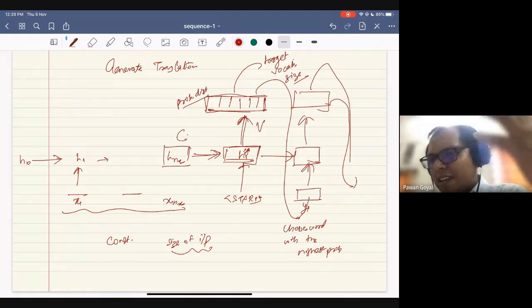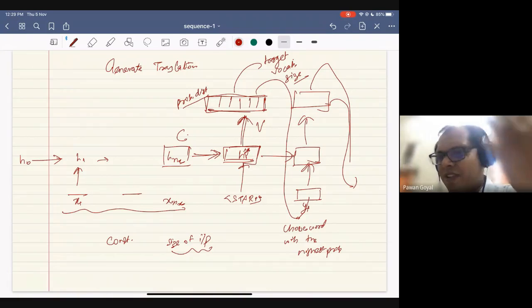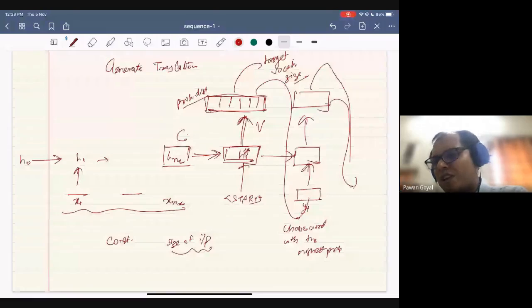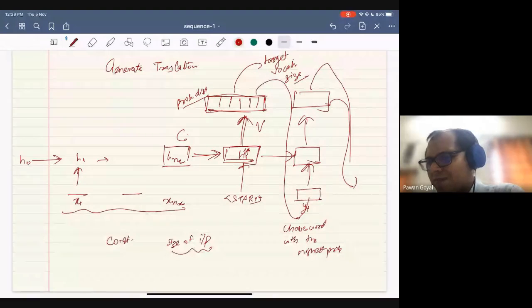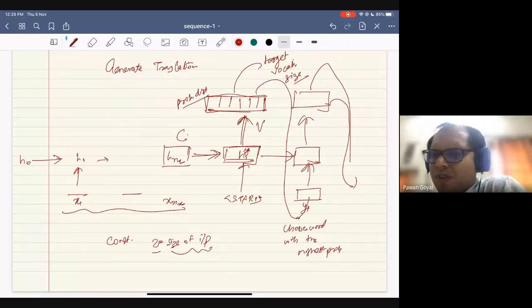Like if you take the Sanskrit language, it encodes everything inside morphology, right? When you're going from Sanskrit to English, English is encoding inside words, right? So English would have more words than Sanskrit for the same sentence. So it can be something like twice the size of the input, or some heuristic value that you obtain from your data.